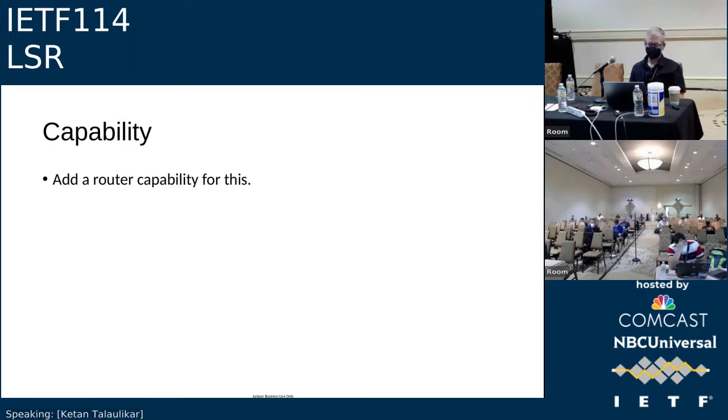A question about the capability thing. I asked this on the mailing list as well: was this intended more as informational, or to trigger some actions on the router? So the intent here was there's a concern that doing multi-part TLVs could cause some legacy implementations indigestion. What happens if you see two TLV 22s and you're not quite ready for it?